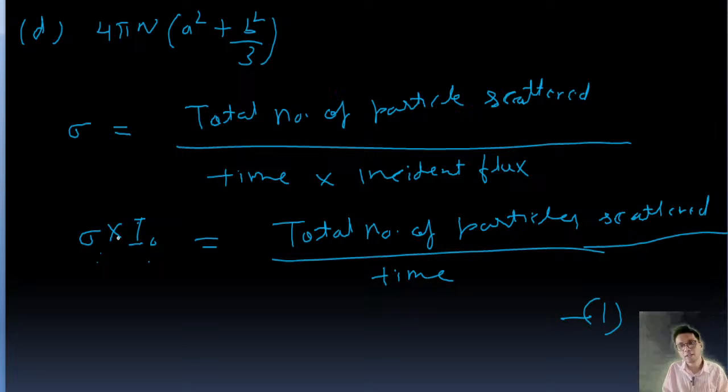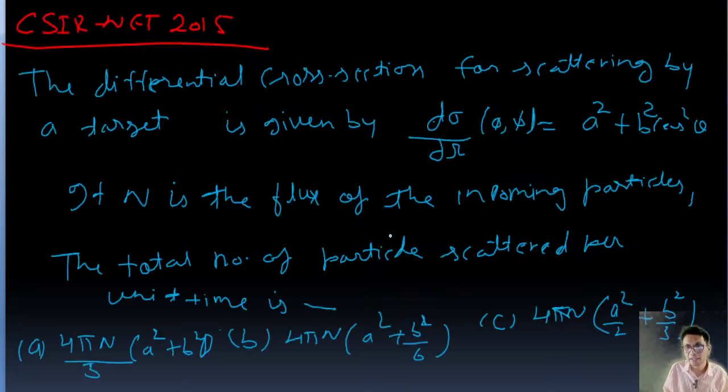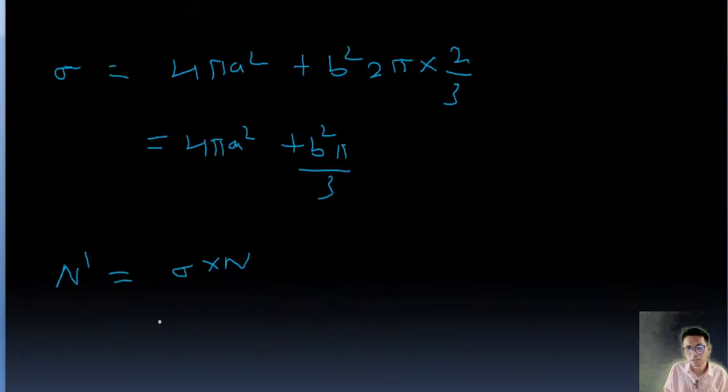I naught is the incident flux, that is given as n here. If n is the flux of incoming particles, then this is n into the sigma value, which is 4 pi a square plus b square pi upon 3.